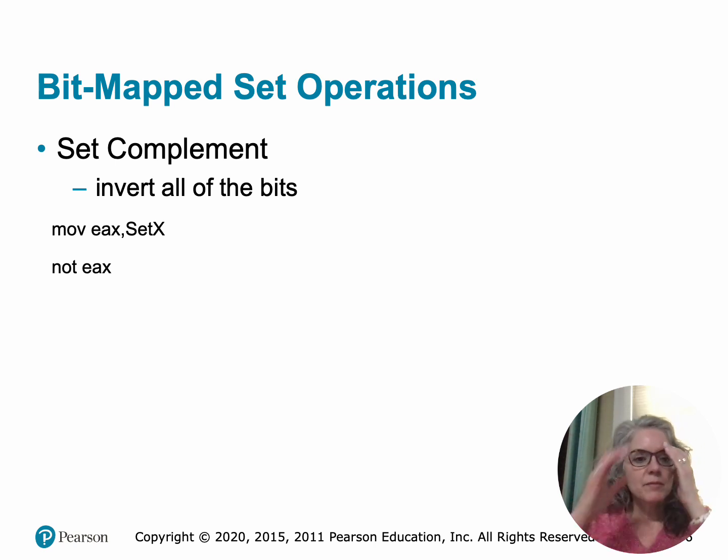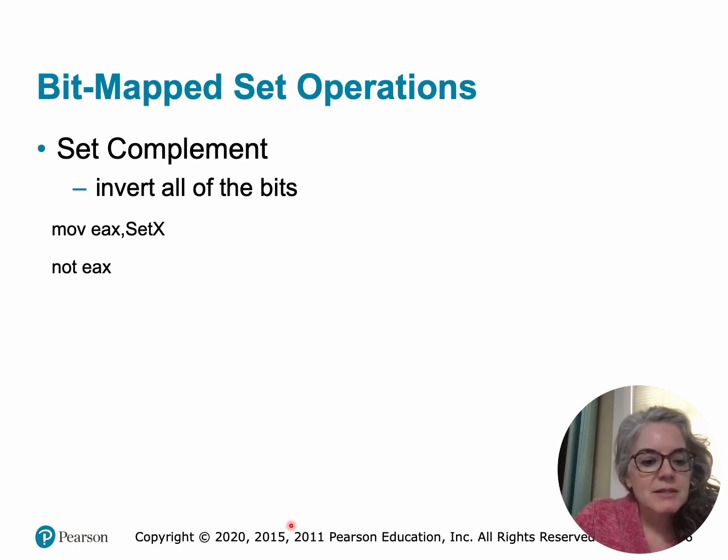So just as a review, when we look at the bit map set, we have something that's called the set complement. And the set complement inverts all of the bits by using NOT.